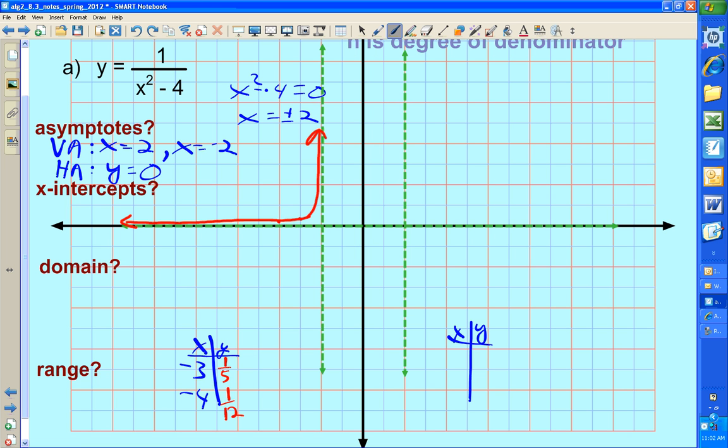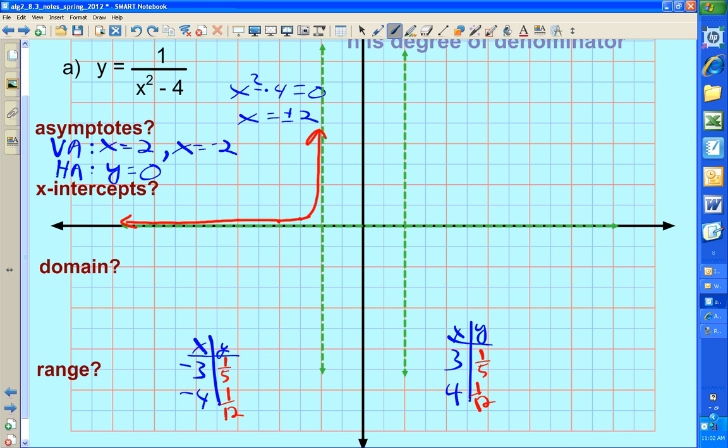Anthony, what should I put in the T-chart for this one over in this region? 3 would be good, and just for fun, throw a 4 in there. And you notice that when we plug in the 3 and the 4 into x, what do you get for y? Exactly. We get the same 1/5 and 1/12 because when you square the x's, it takes care of the negatives on the left side and gives you the same result as the positive on the right.